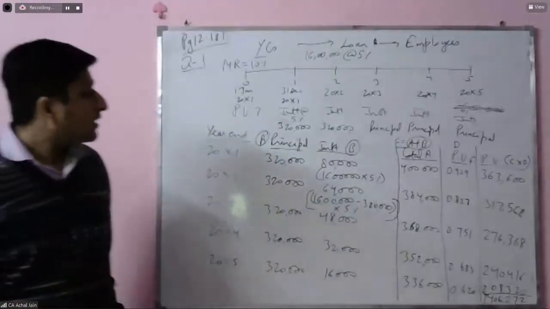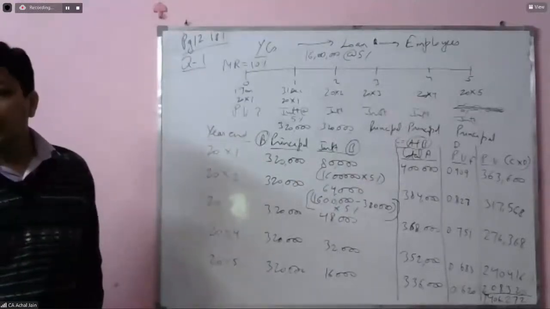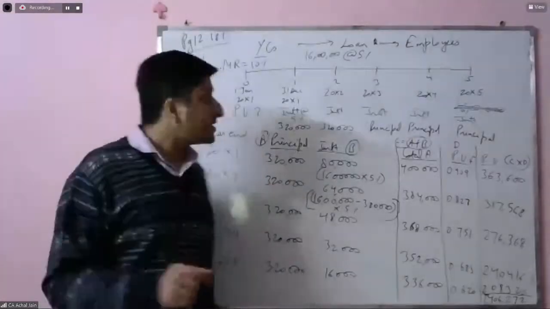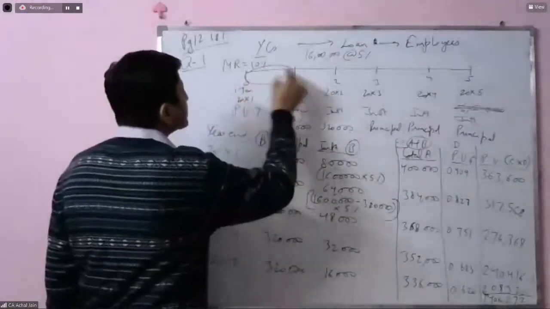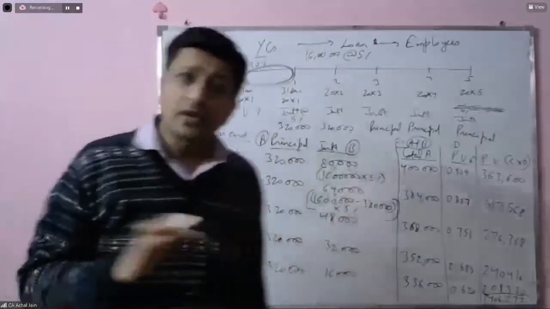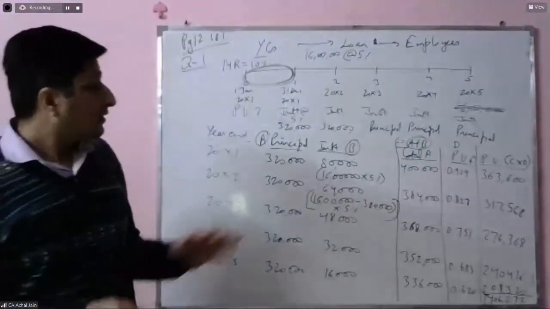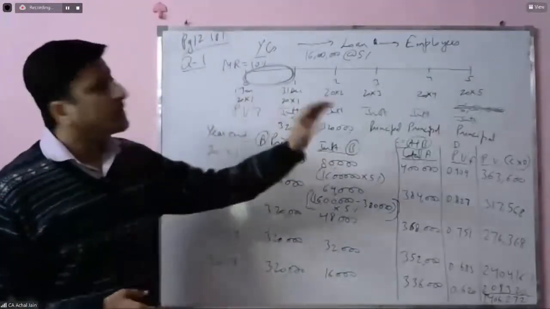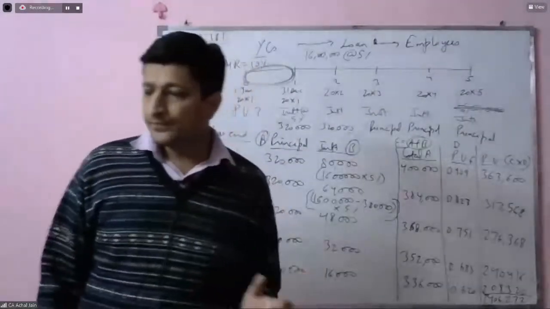Okay, so if you are done with this, we can move on to the accounting entries. The question says we need to pass the accounting entries for the first year only. We are not required to pass the accounting entry for the 5 years. But this computation of amortized cost, that means subsequent measurement, is required to be shown for all the 5 years.